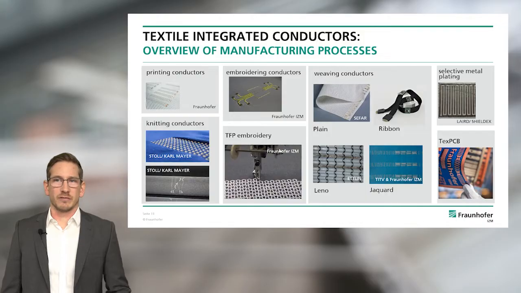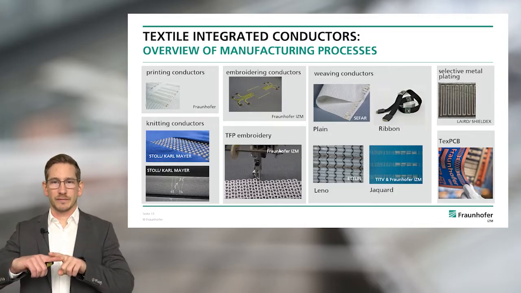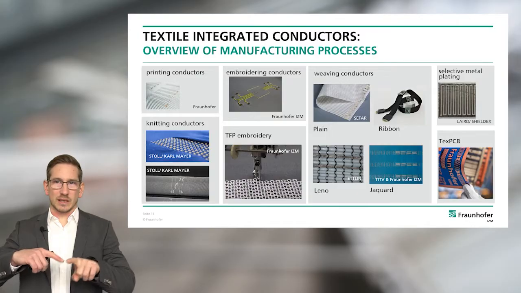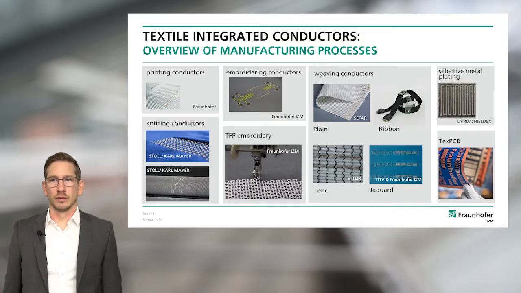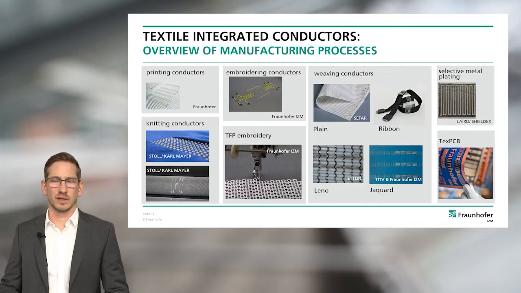Another very textile manufacturing process is weaving. So with weaving, you always have a warp and a weft yarn, and then you basically create a kind of interlock. Weaving is a technology that demands a lot of preparation and is quite complex, let's say. And in weaving you have also different versions.